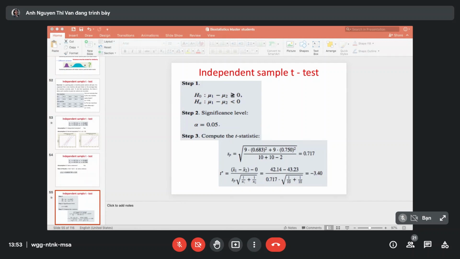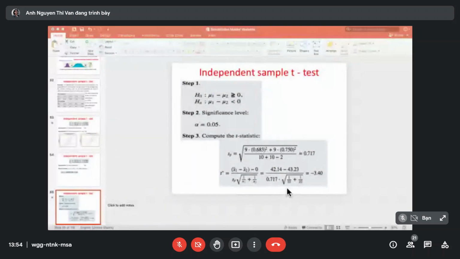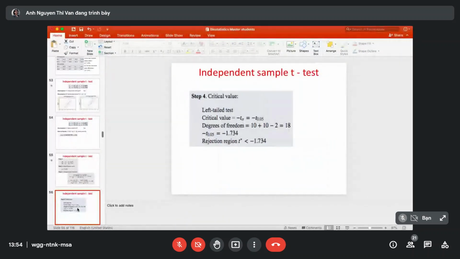We look at the line of the degree of freedom of 18, and we will look at the column T 0.95. And df is 18, right? Yes. Okay.